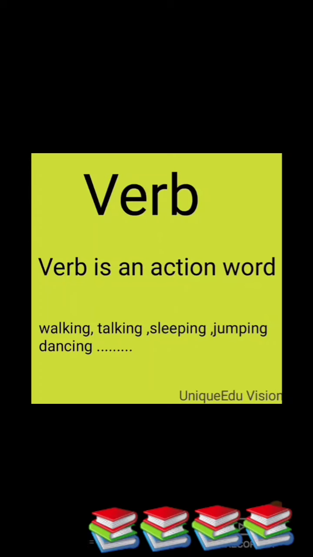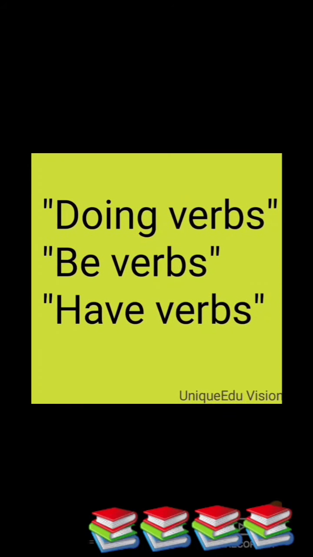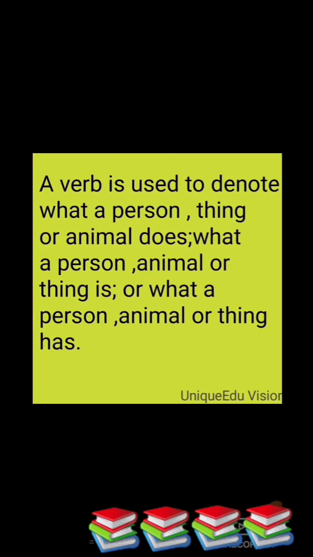There are three different categories to divide verbs. That is doing verbs, being verbs, and verbs showing possession. Doing verbs, be verbs, and verbs showing possession, which means have verbs. Before that, I would like to discuss more about a verb.